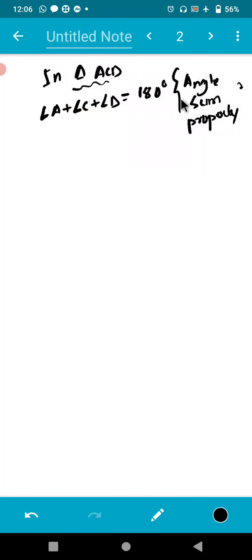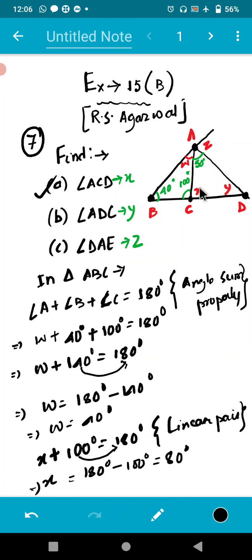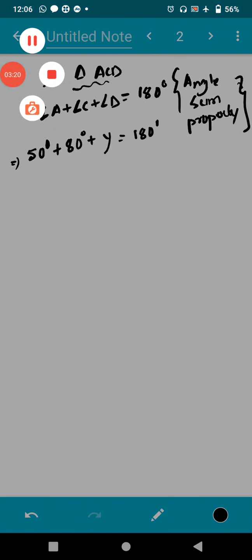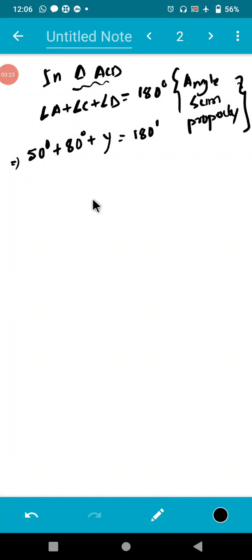Now, in place of A, we will put 50 degrees because it is already given in the question. You see, it is already given here, 50. Now, X, what is the value of X? 80 degrees. Now, in place of C, we will put 80 degrees and we have to find out D. So, D we have taken as Y. Okay, now let us add these two, 50 plus 80, that would be 130 degrees, plus Y equals 180 degrees.